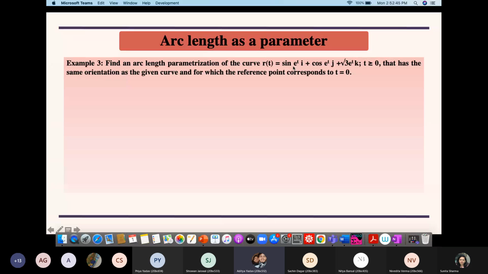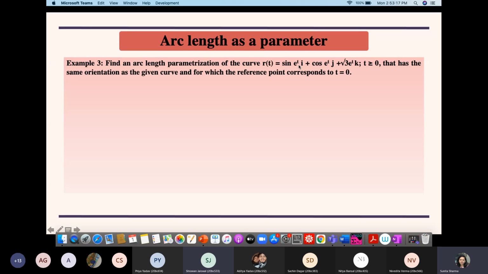Minus sine. Yes, what is the derivative? e^t cos(e^t) i, and second, minus sin(e^t) into e^t j plus root 3 e^t k.